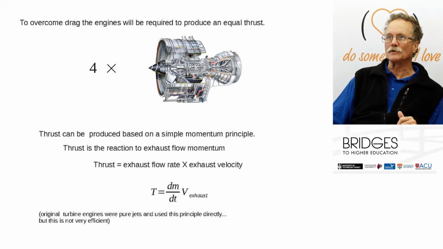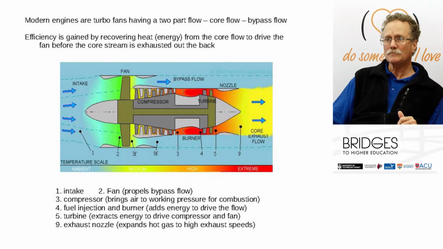Not very efficient. So in modern engines, what we'll see is that they have what is called bypass flow. So we've still got this initial principle where we'll have an intake, we'll have a compressor. So inside the core of the engine is a compressor that pulls the air in, pushes it to high pressure. So it's sucking it in, compressing it, ready to combust.